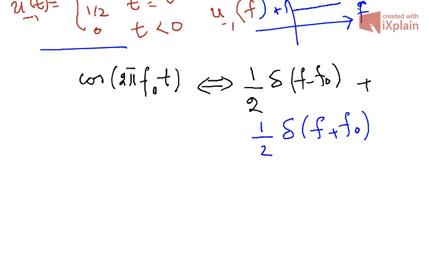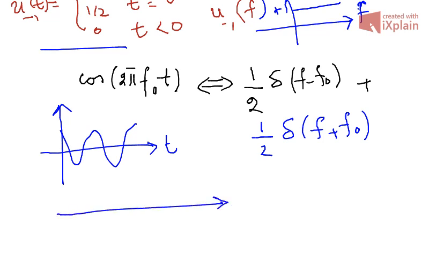If you have a cosine wave, let me draw it properly, something like this, right? A sinusoid, a cos wave. So if you have a cosine wave in the time domain, cos of 2 pi f naught t, f naught is its frequency. In the frequency domain, you have two delta functions.